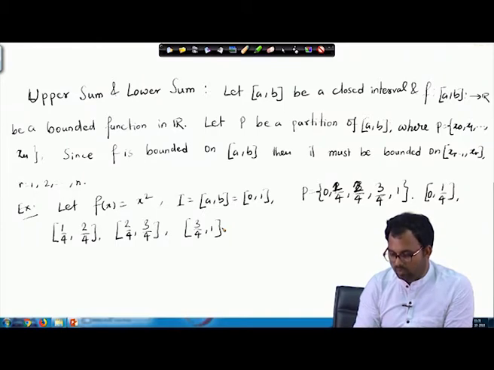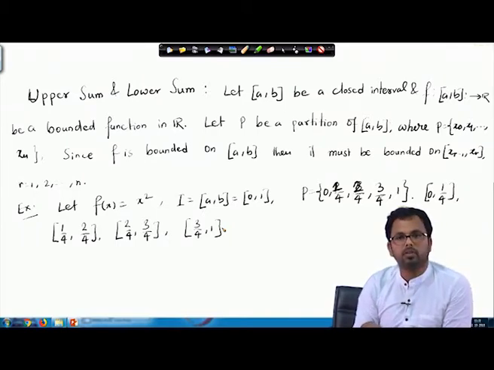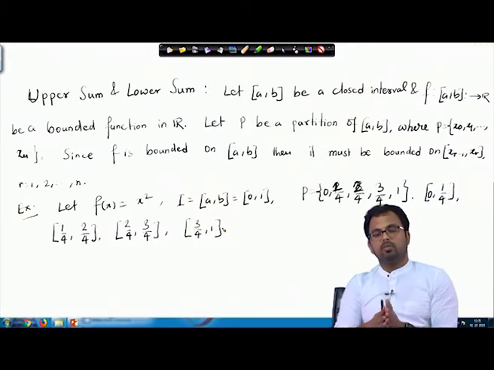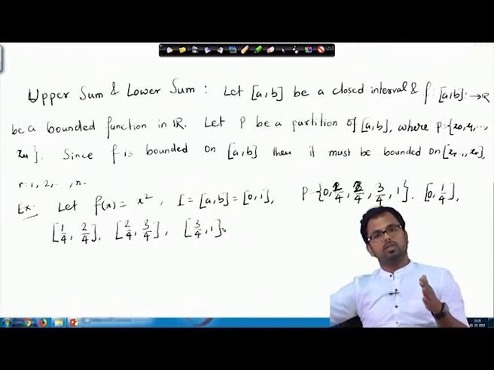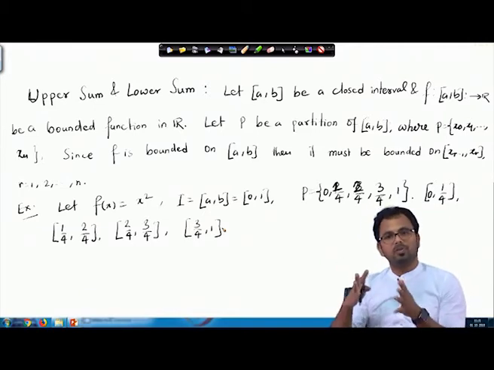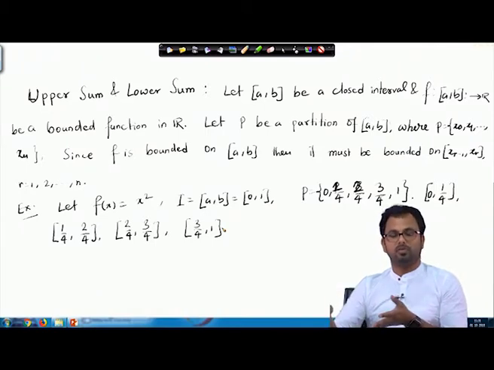So, these are the 4 subintervals for this closed interval [a, b], and if you consider any one of these subintervals, you can see right away that this function f is bounded. It is mainly because the function f is bounded on the whole interval [a, b], so it will always be bounded on each of these subintervals.